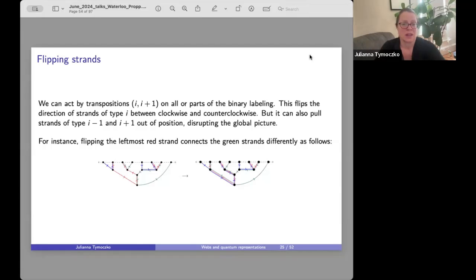So for instance, on this left-hand side, I have a red strand right up here. And if I want to flip it, right now it is going counterclockwise. So over on the right-hand side, that same red strand has been flipped to go clockwise instead.